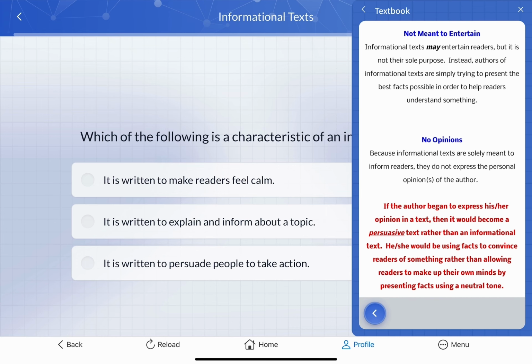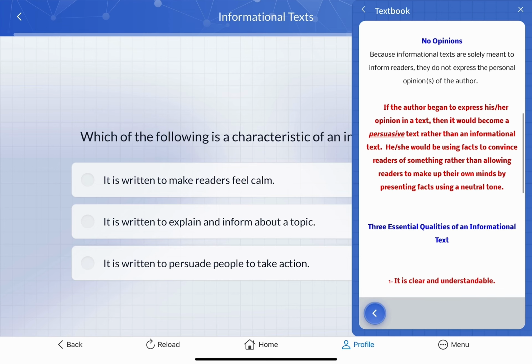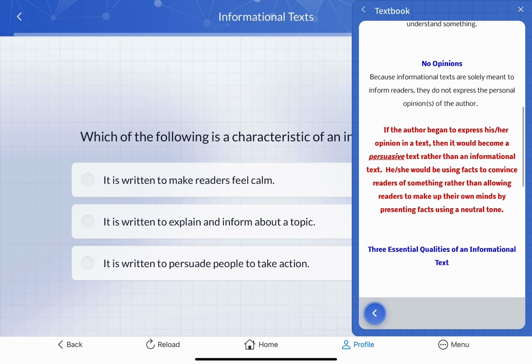Now, since informational texts give us facts, they do not express the personal opinion of the author, because it's informational text. It only gives facts. It doesn't give opinion. So I think you would like to keep that in mind.